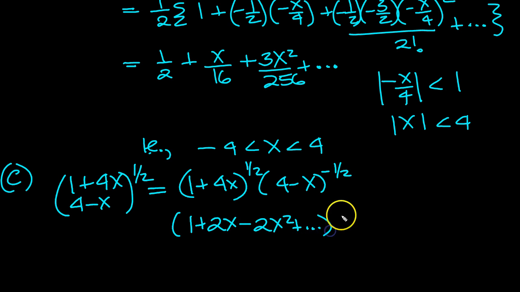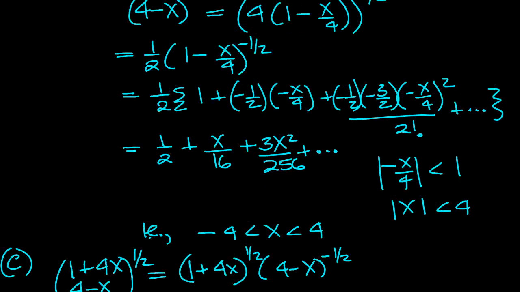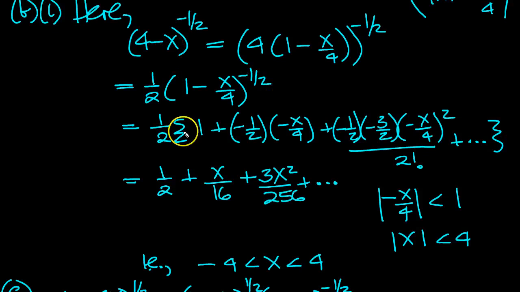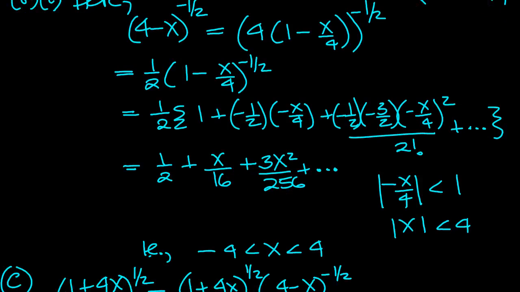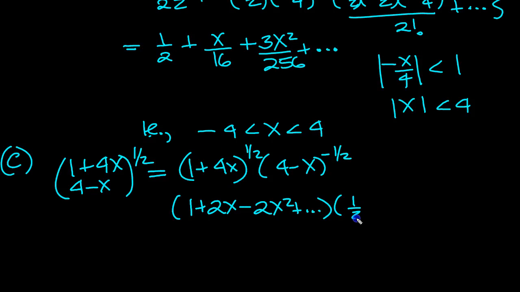That's the first one. Times the (4 − x) to the power minus a half, which is what we had here. So that's these three terms. Half plus x over 16 plus 3x squared over 256.